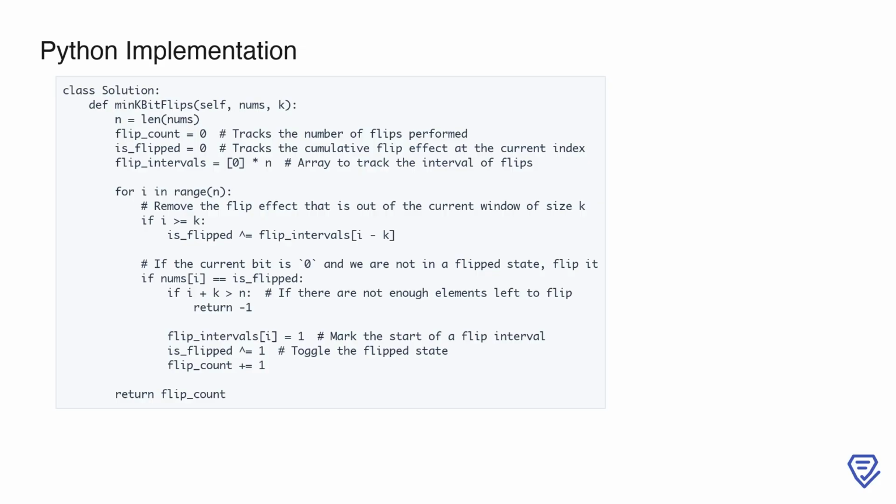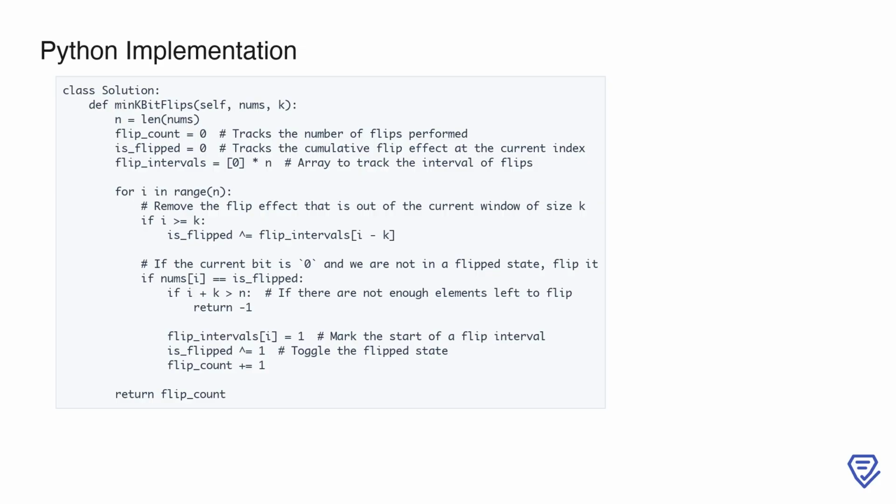Initialization. flip_count keeps track of the total number of flips performed. is_flipped is a variable to track the cumulative flip effect at the current index. This optimizes handling of flip propagation. flip_intervals is an auxiliary array that marks the start of a flip interval. It helps in removing the effective flips that are no longer relevant, i.e., those that end outside the current window.